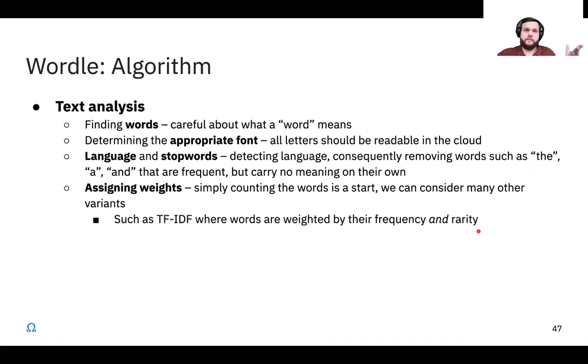So words that are frequent, but are frequent in all documents equally, are penalized compared to words which occur in certain documents, but not in others, or they are a bit more rare. So there are other things to consider than just the word count, right? But counting the words is a good start. TF-IDF is one step beyond, and there are, of course, many other elaborate methods in the domain of information retrieval.